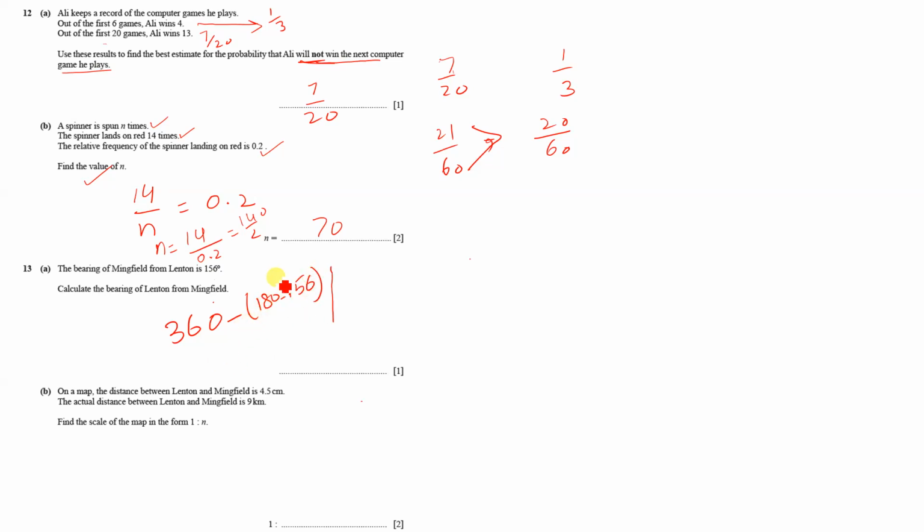So 180 minus 156 would be 24, and 360 minus 24 would be 336. So this is 336 degrees.